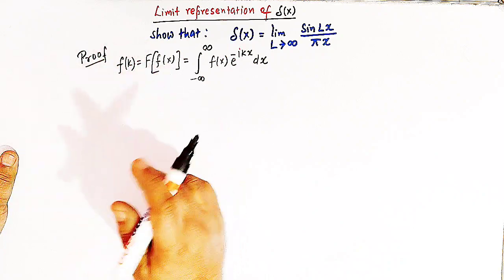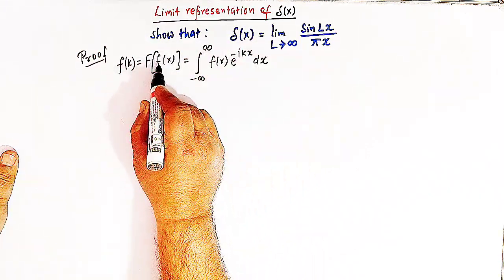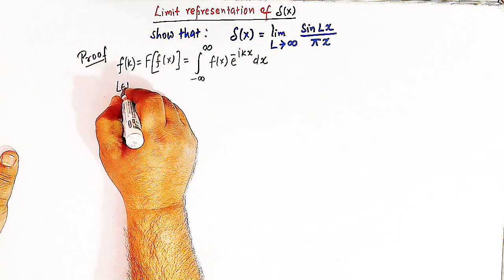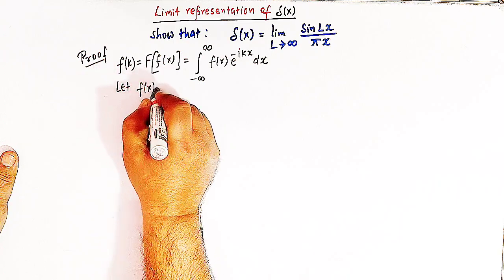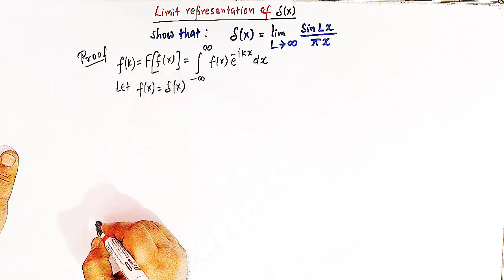So now the first step to get this result is to assume f(x) as the delta function, right? So here I will take f(x) as delta(x).